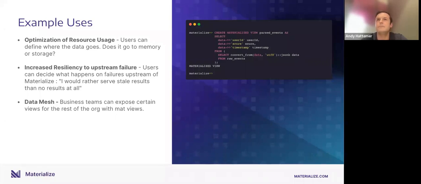And so from the user perspective, the serving layer continues to serve the results. They're just stale results. So you've chosen, I would rather serve stale results than no results at all. So it's not always a useful scenario, but in a lot of cases it is. And the important thing is it's a choice that you can make as a user, where before you weren't able to even have a choice.